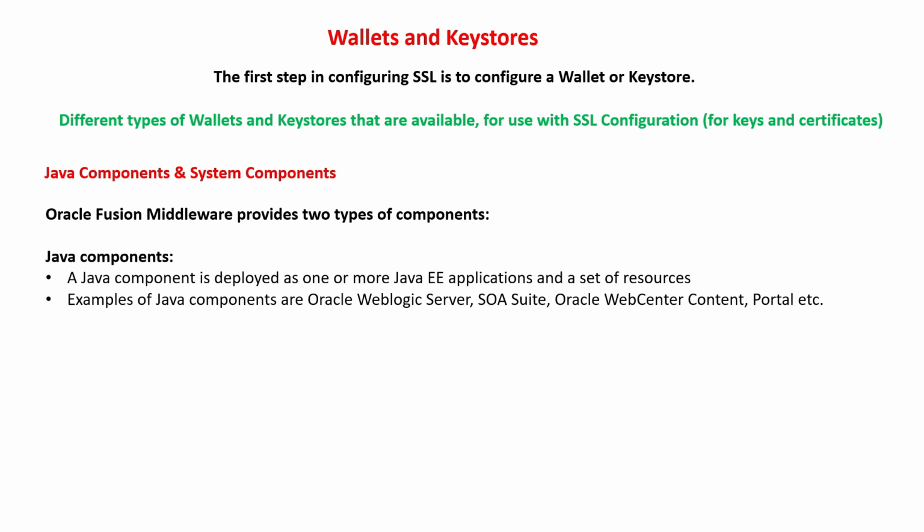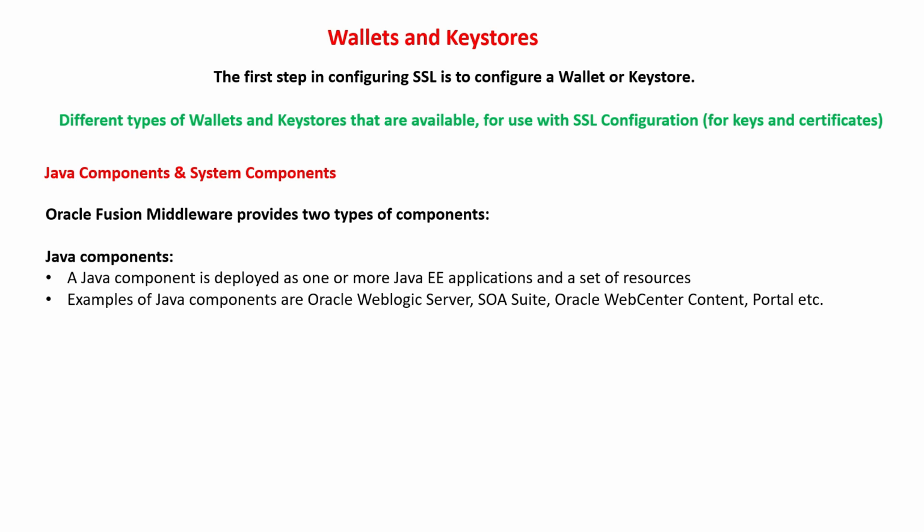Fusion Middleware Infrastructure is another name for the WebLogic Server, but it has certain more capabilities or functionalities that are required for the Fusion Middleware applications. So when we install any of the Fusion Middleware applications, for that we install the Fusion Middleware Infrastructure, and then we install the Fusion Middleware software, which is deployed on top of your Java-based application server, which is the WebLogic Server.